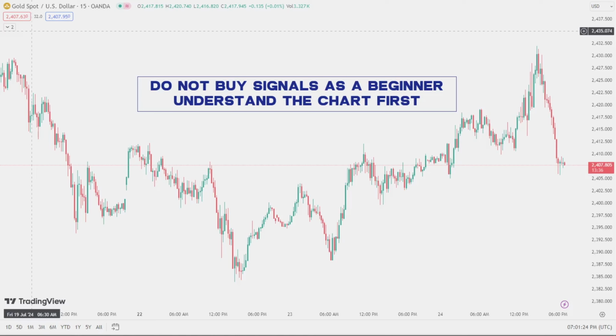So do not buy signals as a beginner. Understand the chart, learn how to chart, learn how to read moves, learn how to analyze the trend before you do what? Before you enter into buying signals and executing them.